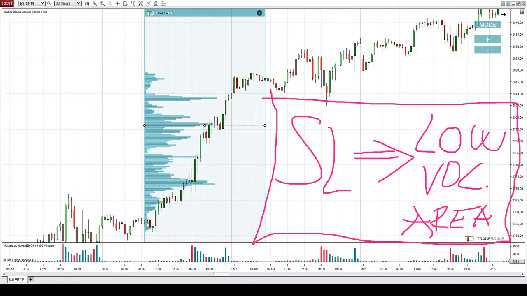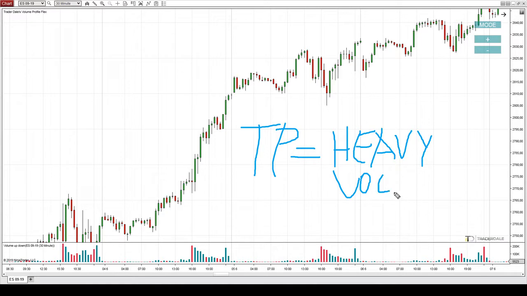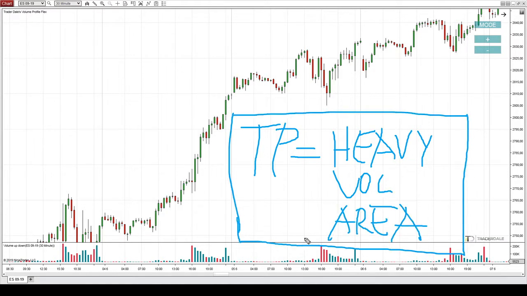Now let's talk a bit about volume-based take profit. The main rule here is that take profit goes into a heavy volume area. Alright, this is important. And it's basically the opposite to the stop loss, because stop loss goes into a low volume area and take profit goes into heavy volume area.